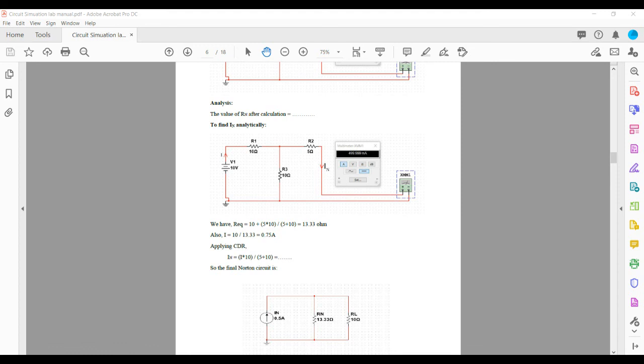This gives 0.5 ampere, which means 500 milliampere. So earlier, using the software Multisim, we found that the value of IN was 500 milliampere, and analytically we have also found that the value of IN is 0.5 ampere or 500 milliampere.